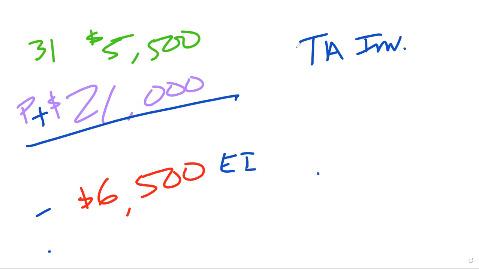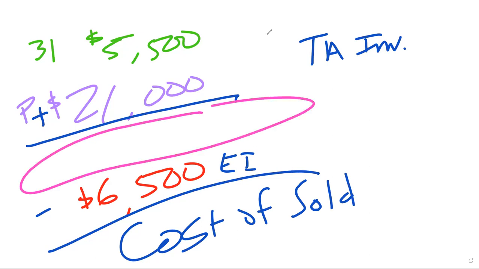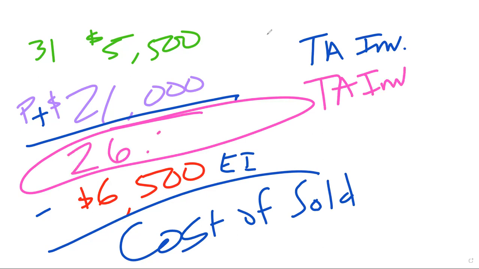That's normally what we do to get the cost of goods sold, right? So what this question is actually asking is for you to stop right here. This is the total available inventory that we have because we started with 5,500 and we added 21,000. So in reality, the total available inventory that we have for the whole month is 26,500.